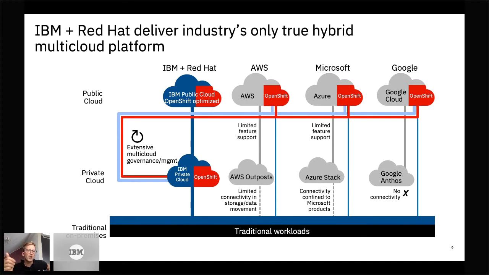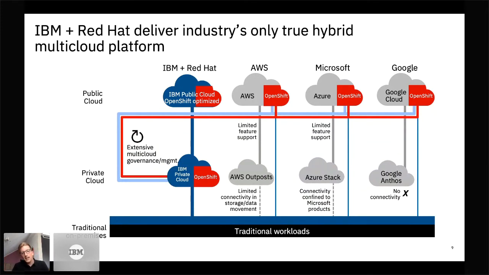With OpenShift and Red Hat coming to the IBM offering, with these strong traditional workloads and a good public cloud basis, what OpenShift brings to the table is the integration to all other big cloud players. OpenShift was big before. OpenShift has a huge amount of customers running it on AWS, on Microsoft, or on Google Cloud. And it brings together that you have the flexibility to choose and run your workload wherever you like.